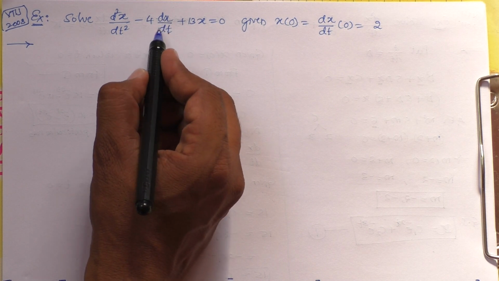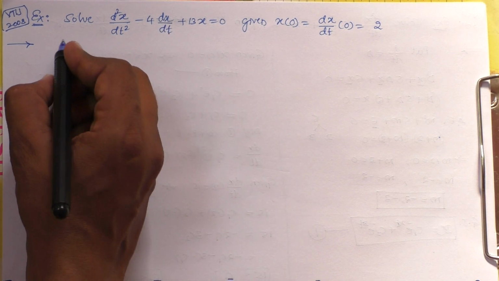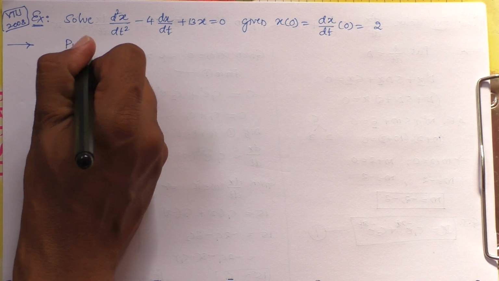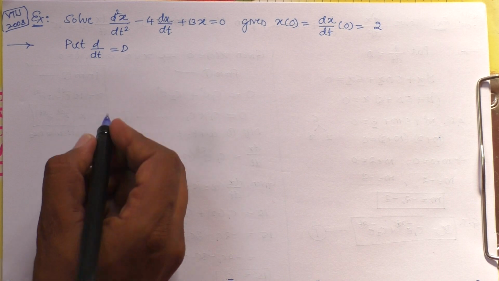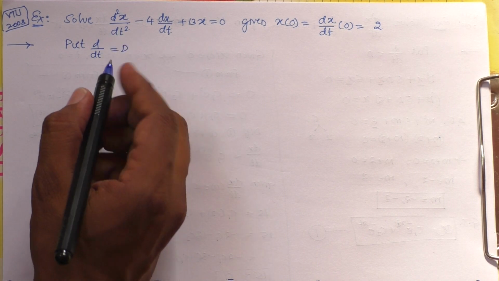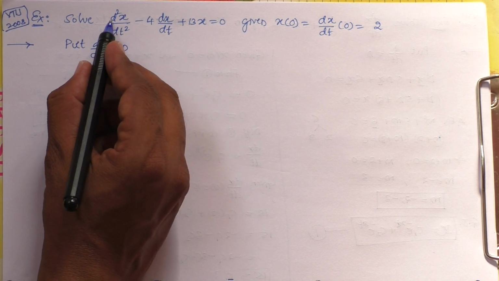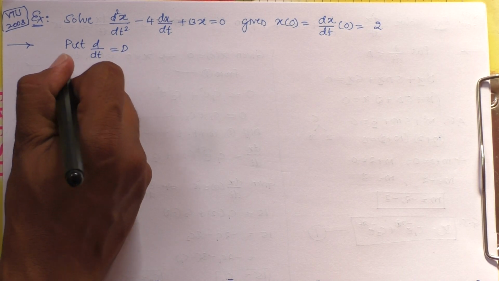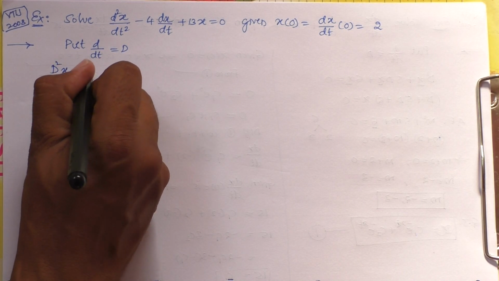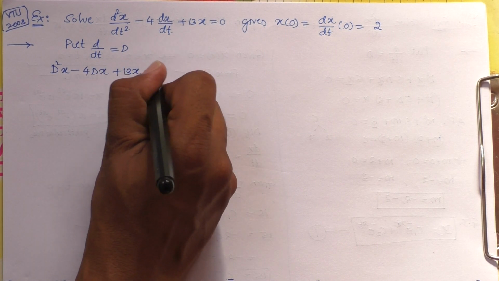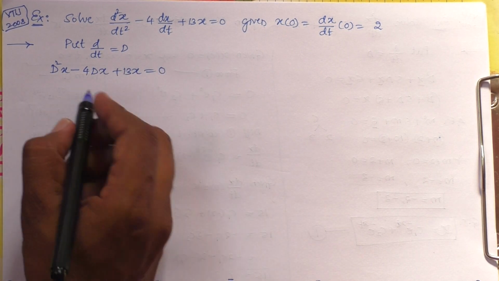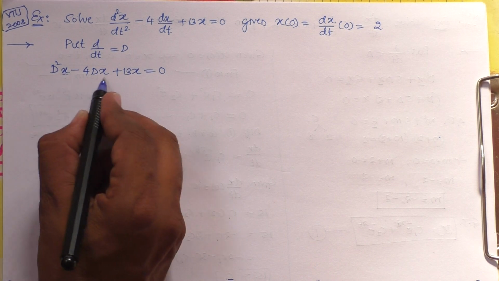Now here the derivative is d by dt. So put d by dt equal to capital D. If you substitute d by dt equal to capital D, what do we get? d square by dt square means capital D square x minus 4 capital D x plus 13x equal to 0. So throughout x is common.